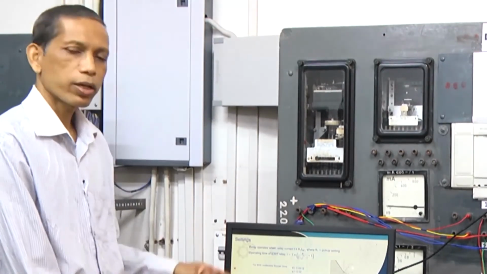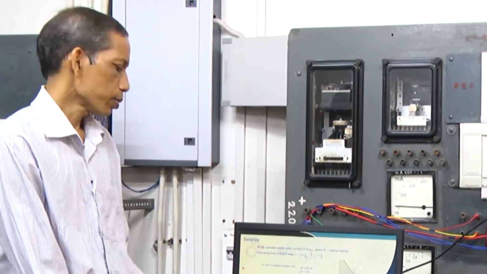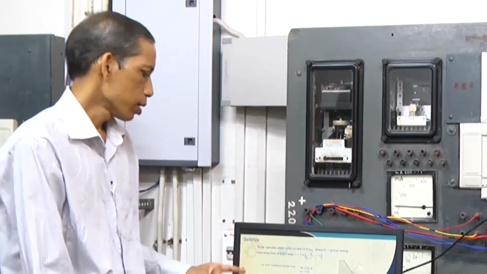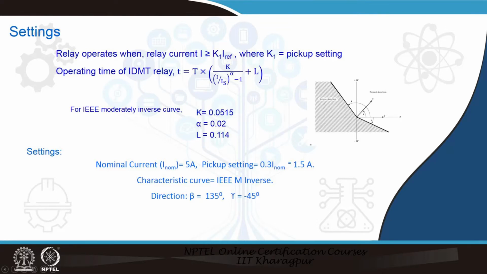So, we have an overcurrent setting and we have a directional setting. In the overcurrent perspective, like in the overcurrent relay experiment, the same we have considered here: the IDMT, inverse definite minimum time characteristic, with the IEEE moderately inverse curve, and the expression for that is the same as what we considered in the earlier discussions.